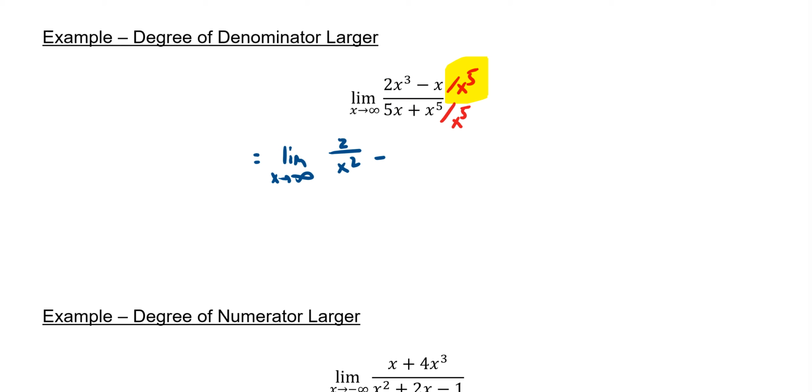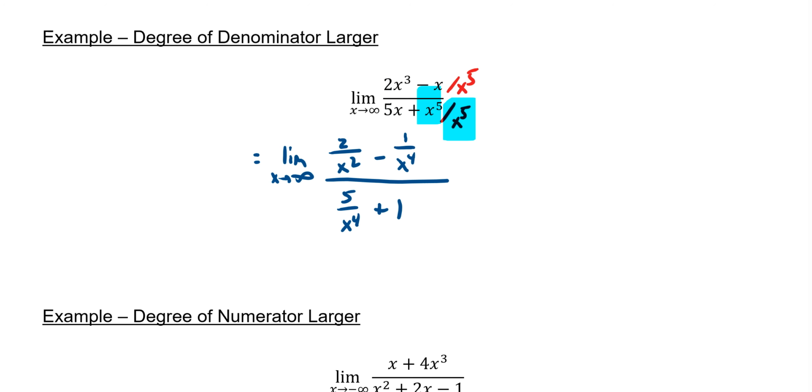And then x minus x over x to the 5th is 1 over x to the 4th. And that's all divided by 5x divided by x to the 5th, which is 5 over x to the 4th, plus x to the 5th divided by x to the 5th, which is 1, because they cancel completely.